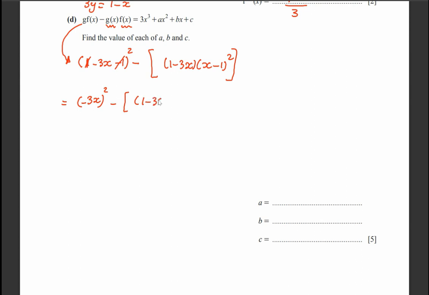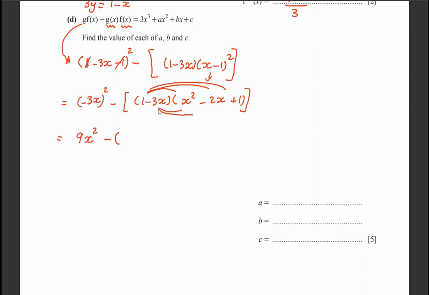Then 1 minus 3x. I will expand this first. It will be x squared minus 2x plus 1. Close the bracket. Then negative 3 to the power 2 will be 9, and x to the power 2. Take care that the negative will be gone by the even power. Minus, open the bracket and start to distribute the 1.